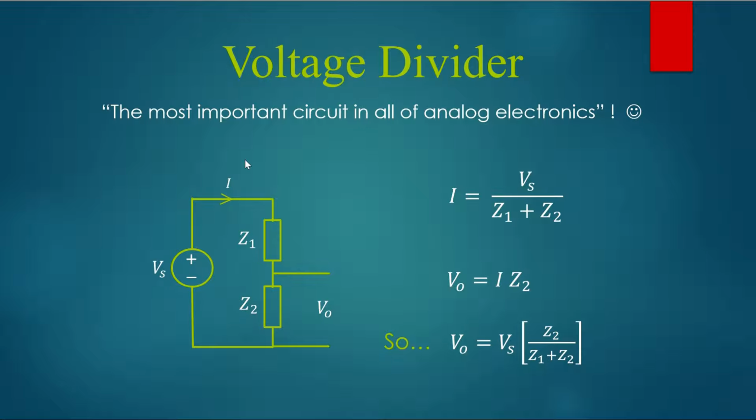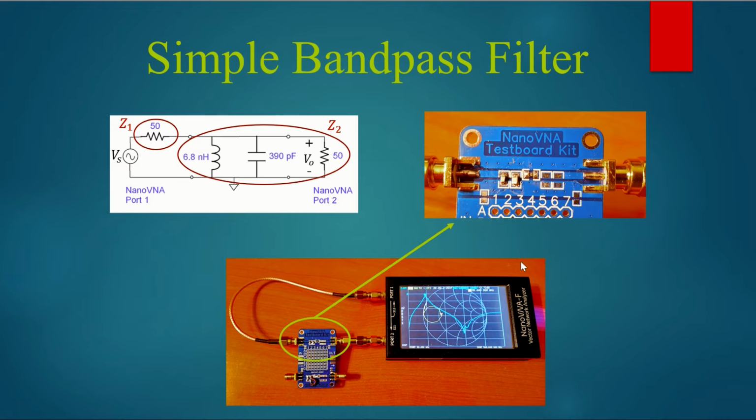So why is this the most important circuit in all of analog electronics? Well, we rely on this fraction here, the voltage division fraction, to allow us to implement things that do what we want. In particular, filters. Here is a simple bandpass filter. Z1 in this case is a 50 ohm resistor.